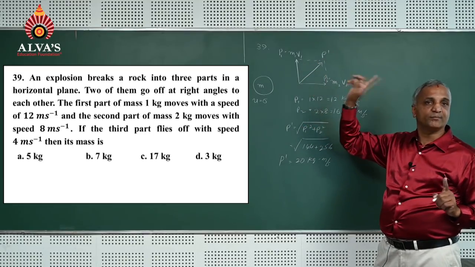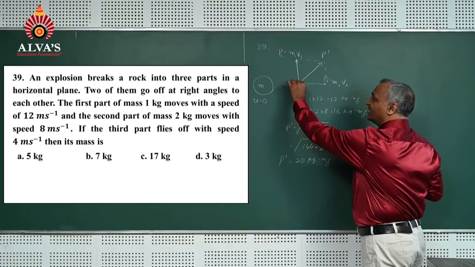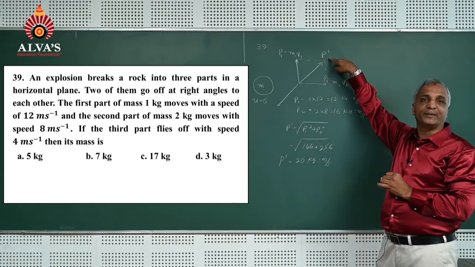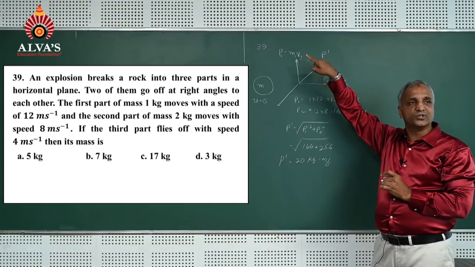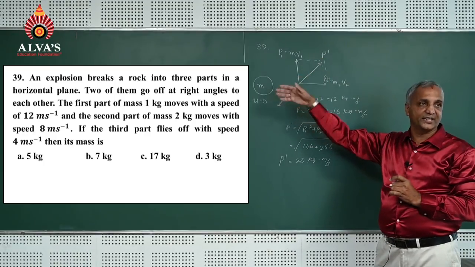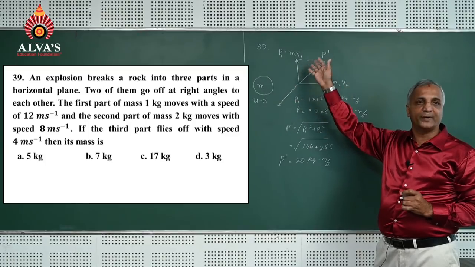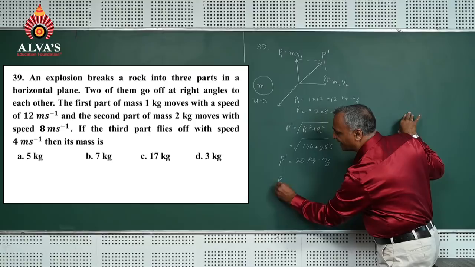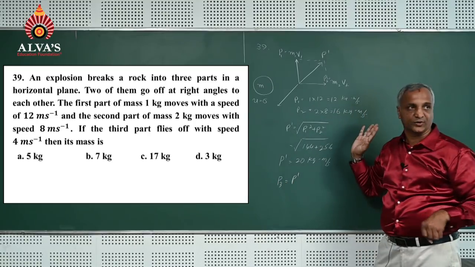For the final momentum to be 0, the third one should fly in the opposite direction of this resultant P dash. Its value should be equal to P dash and it should act in the opposite direction, so that the final momentum is also 0. That is why I can write P3 is equal to P dash magnitude wise.